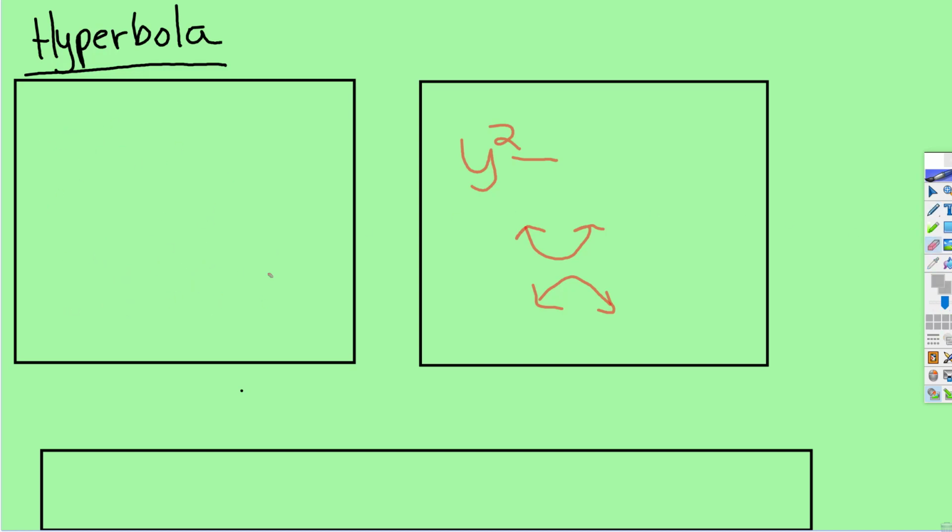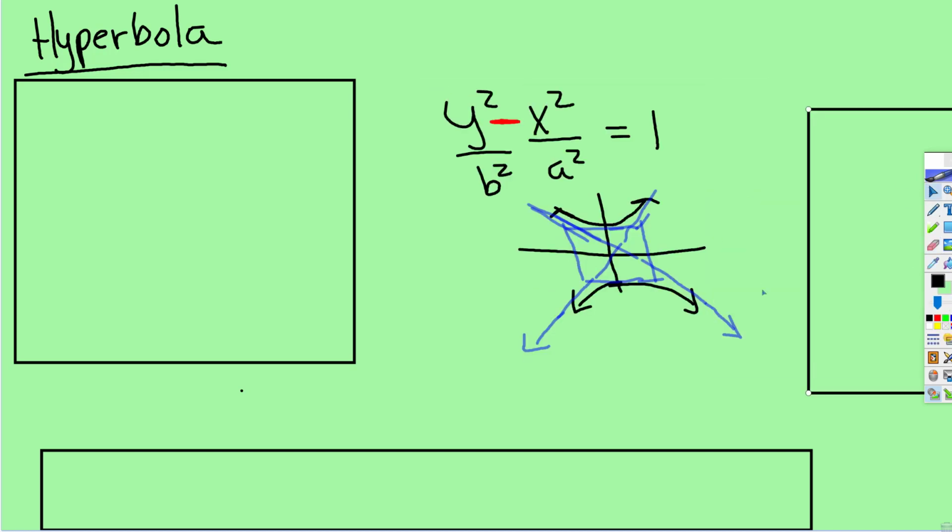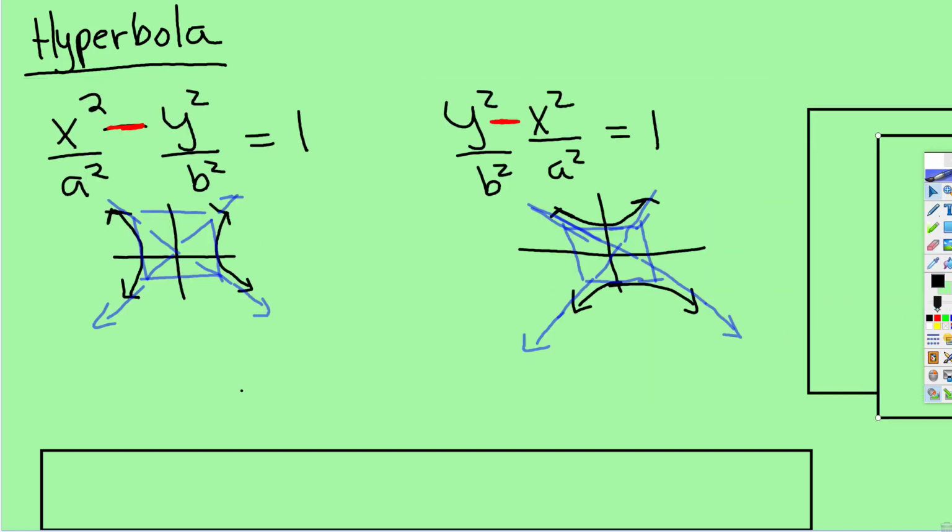When the hyperbola is y squared minus x squared, then you know that when the y is positive, the hyperbola will be facing up and down towards the y-axis. So here we have an x squared subtract a y squared.